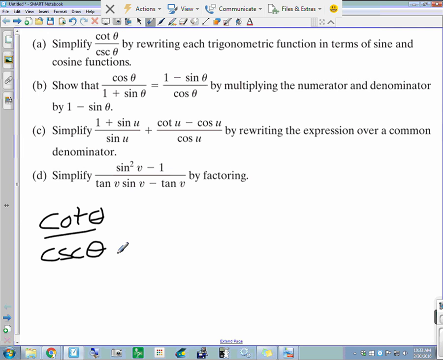So cotangent is going to be equal to what? Okay, so we end up with cosine over sine, and we know that we're dealing with theta, so I just generally forget about that. And what does cosecant give us?